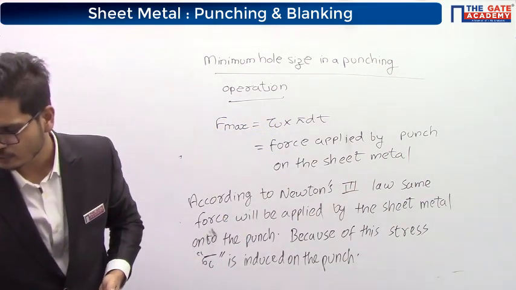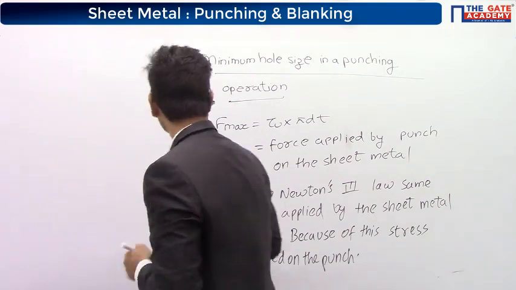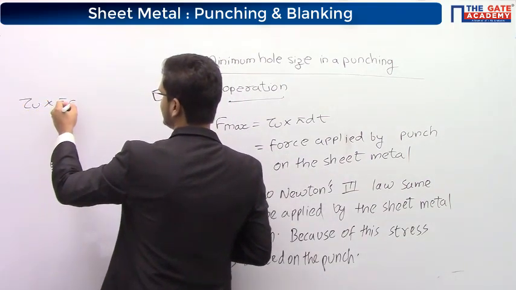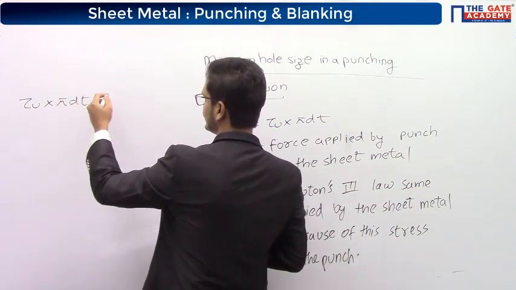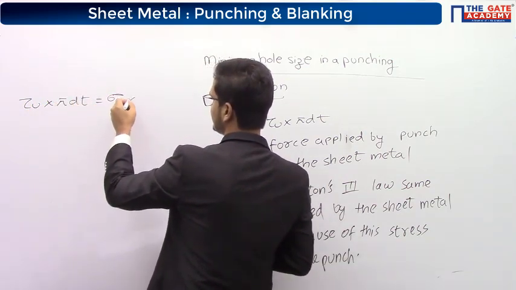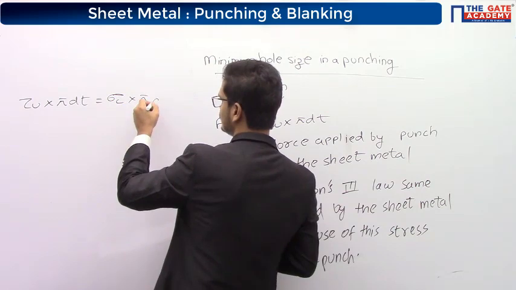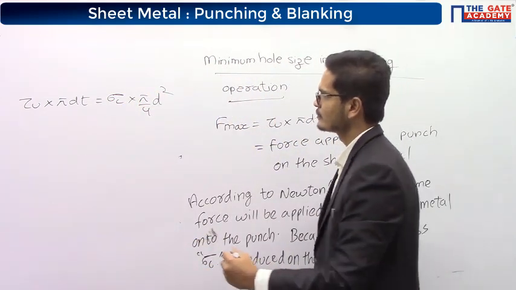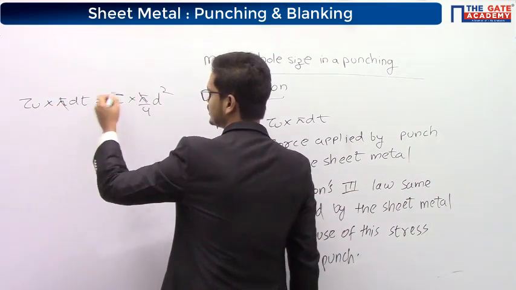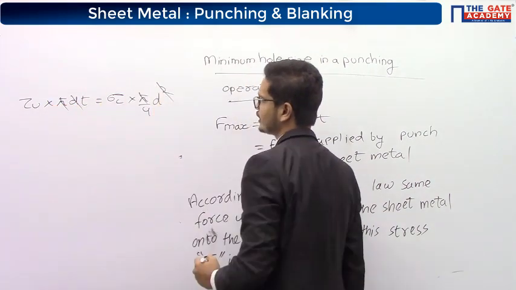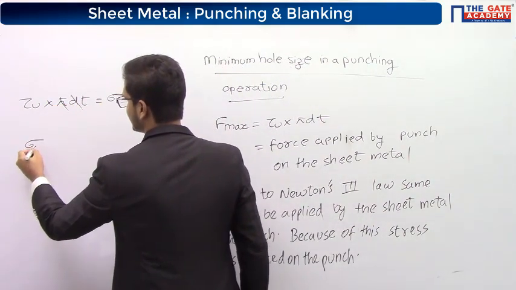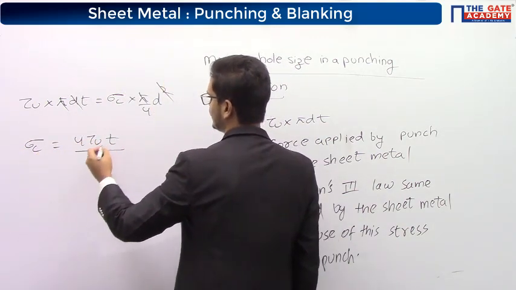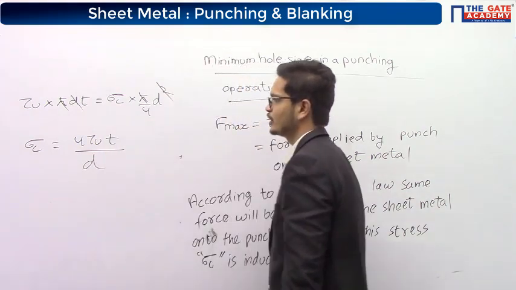So we can equate tau u into pi dt will be equal to sigma C into pi by 4 d square. The pi will get cancelled, d will get cancelled. Sigma C is equal to 4 times tau u into T by D.